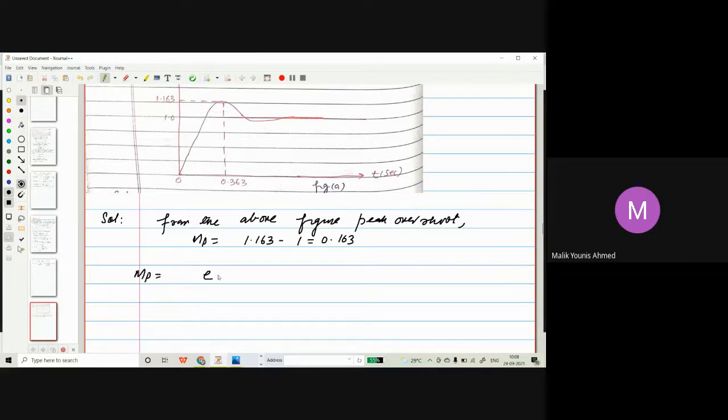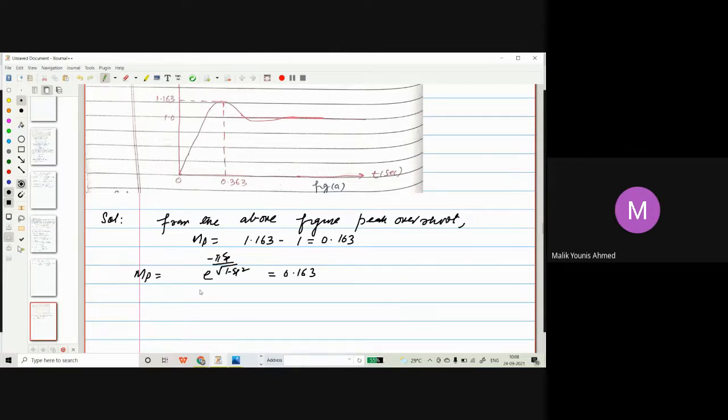MP is e raised to the power minus pi xi divided by under root of 1 minus xi square. So that is equal to 0.163. The radian value, pi value, you can substitute and you can get the value of xi.